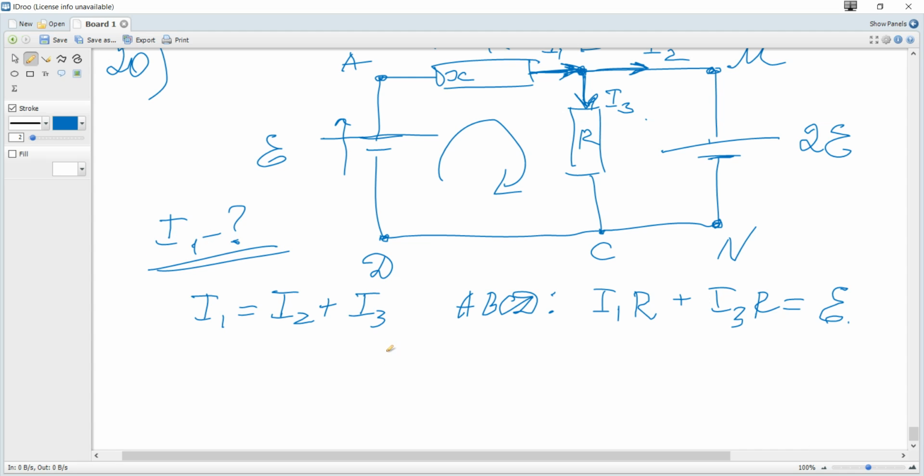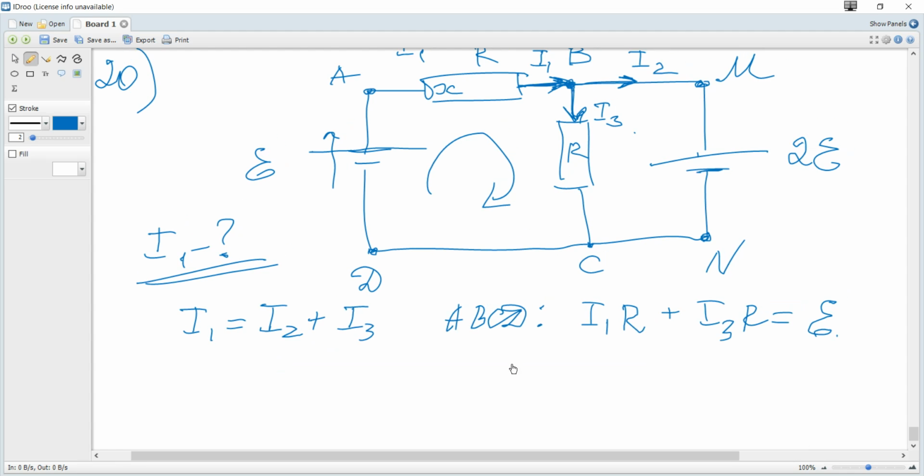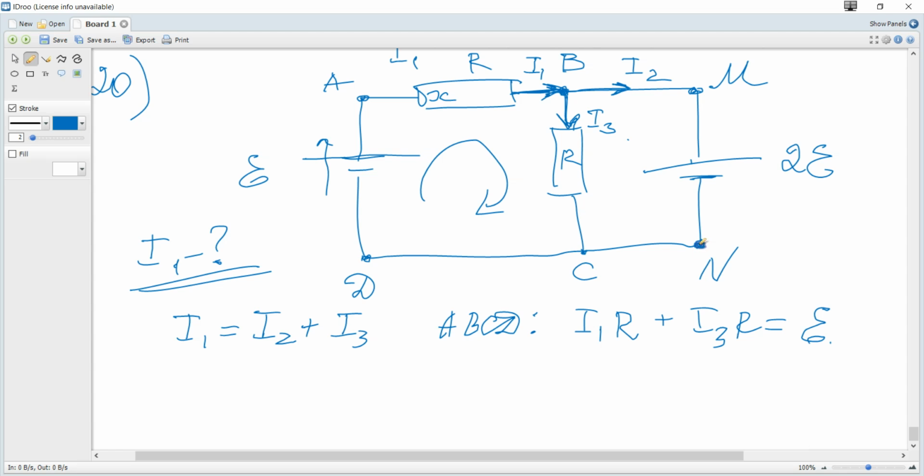And now, the answer must be in terms of E and R, so we can see that we should eliminate I2, and it means what? We need to consider another closed circuit. It doesn't matter, it may be A, M, and D, or B, M, and C, so let it be B, M, and C. And again, let clockwise direction be positive. Sum of IR.